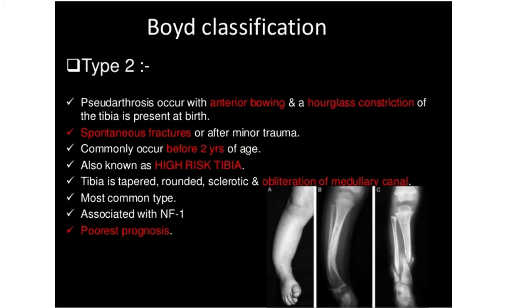And type 2 is very important because it is also called a high risk tibia.